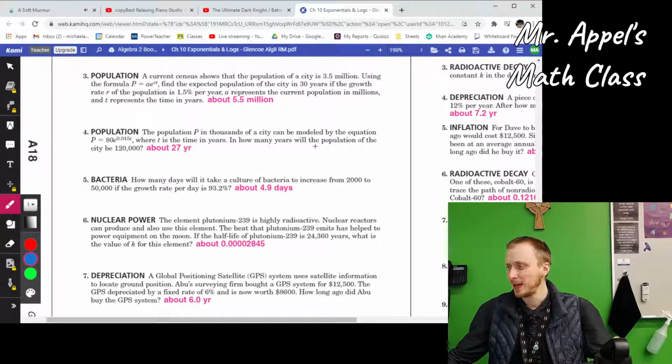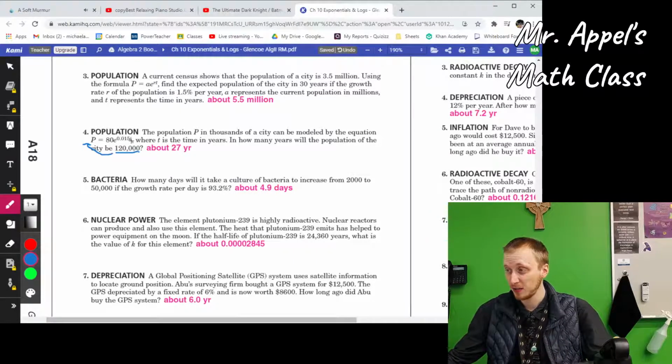So the question is, in how many years will the population of the city be 120,000? Population P, plug in 120,000. You already have the rest of it. Clearly they started with 80, and we're just solving for t.